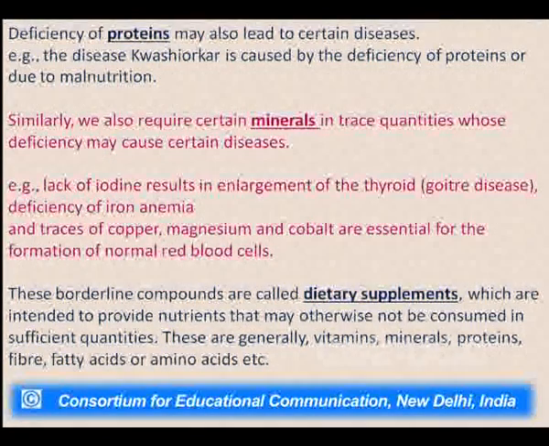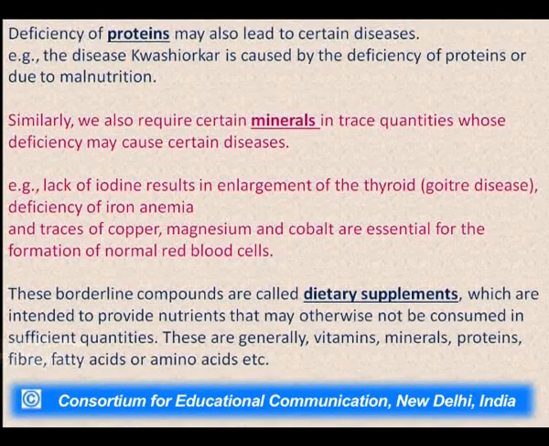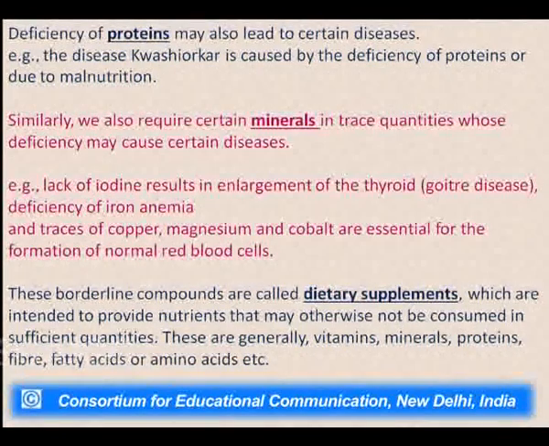For example, lack of the mineral iodine results in the enlargement of the thyroid gland, and the disease is called goiter. And you have also heard about the deficiency of the mineral iron, which causes anemia, and traces of copper, magnesium, and cobalt are also essential for the formation of normal red blood cells.